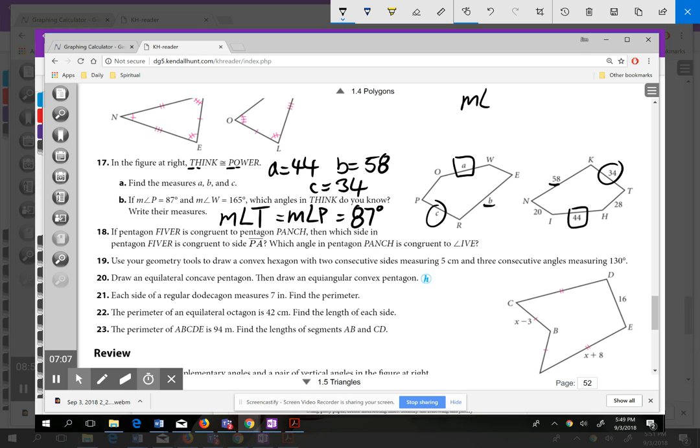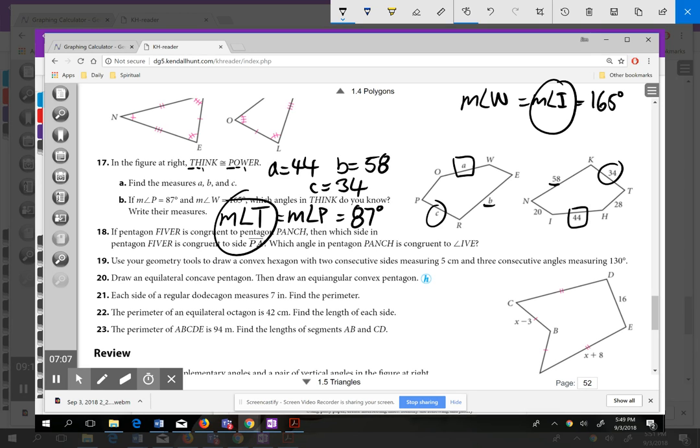The measure of angle W, which is right here, is equal to the measure of angle I in the other one, which is going to be 165 degrees. So you know angle I, and you know angle T.